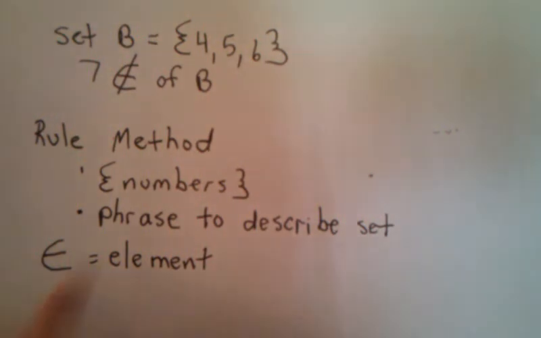So E means element. E with a line through it means it's not an element. Okay? All right. So let's look at some of today's problems.